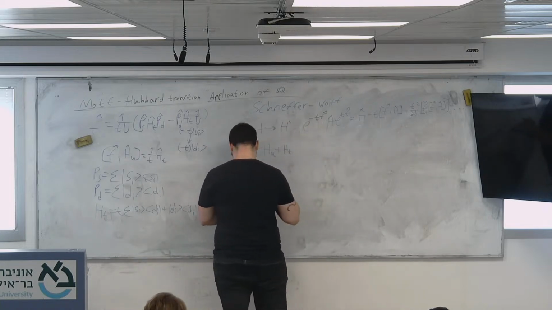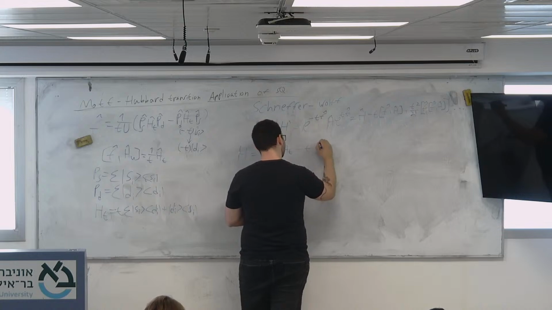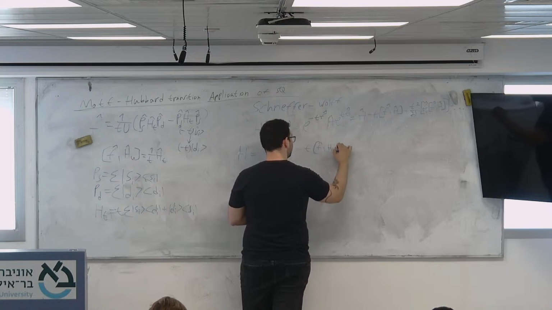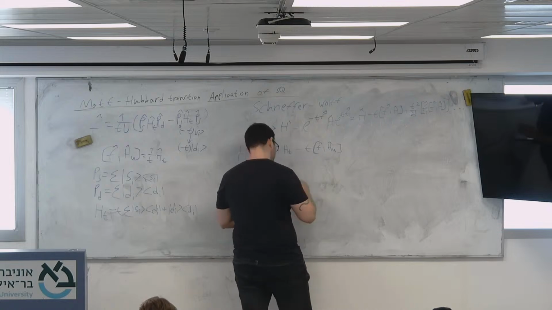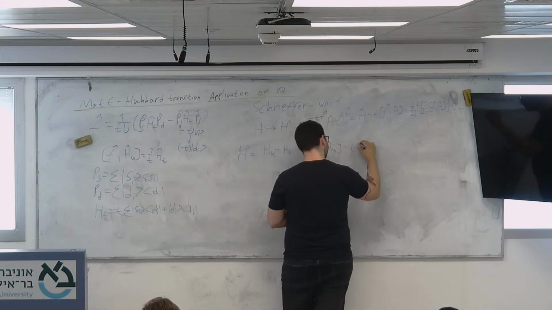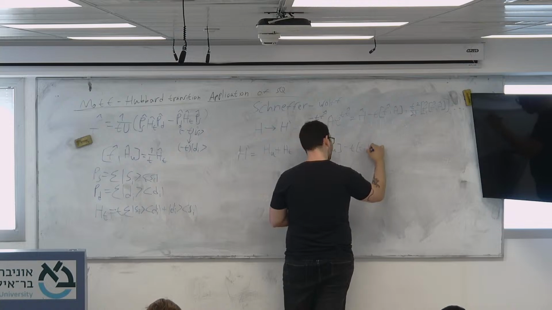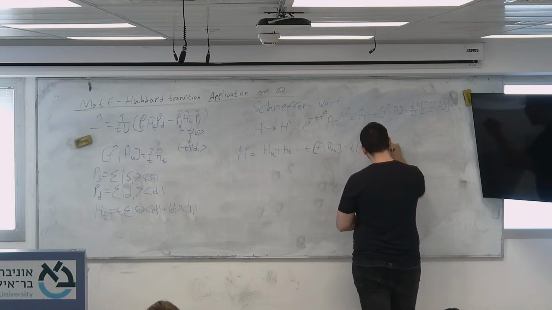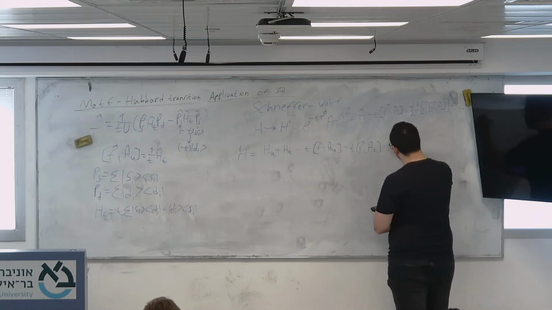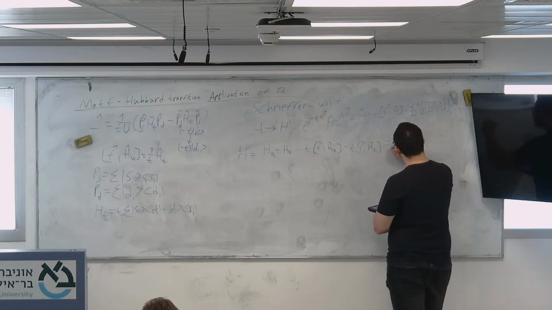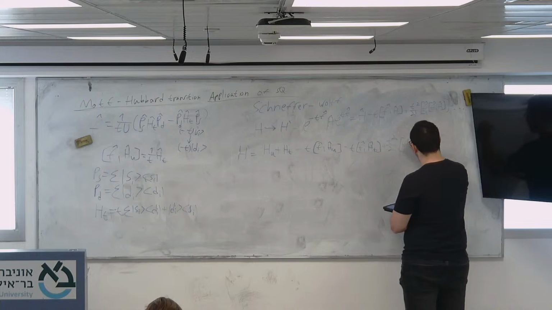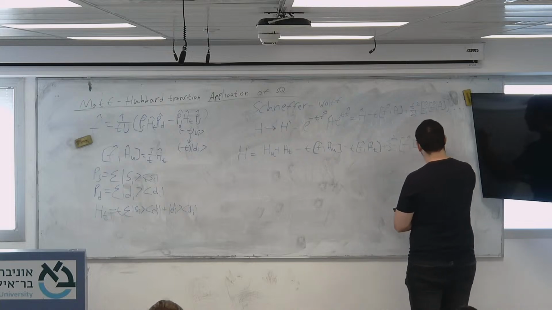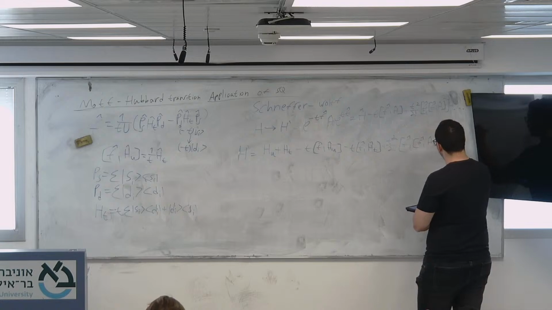The first order commutator is minus t [F, HU] minus t [F, HT], plus t squared divided by 2 [F, HU].